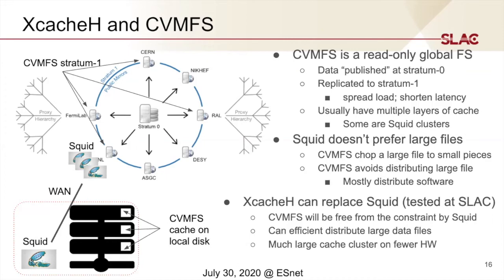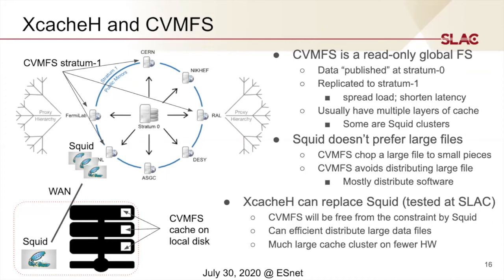They call them Stratum 1, which could be a server at, for example, BNL. You publish them this way to back up the data, to spread the load, and to shorten the network latency to a specific geographic location. Now, from the Stratum 1, you start to deliver data to your batch nodes at several sites.